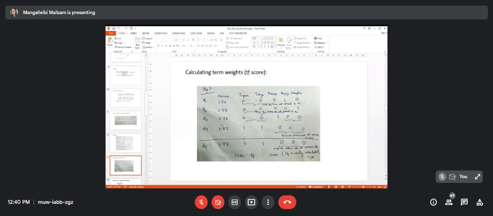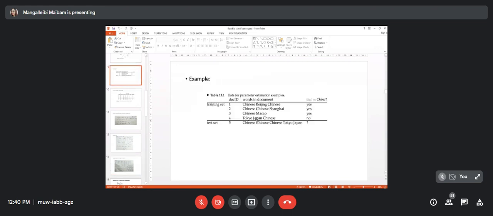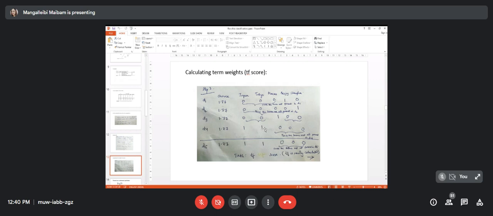And for D3 also, we have 1.77 for Chinese. Tokyo and Japan are not there, so 0. Macau is there in D3, so for Macau it is 1. Beijing and Shanghai it is 0. Now for D4, Chinese is there and Tokyo, Japan are also there. So Tokyo and Japan are 1 and 1.